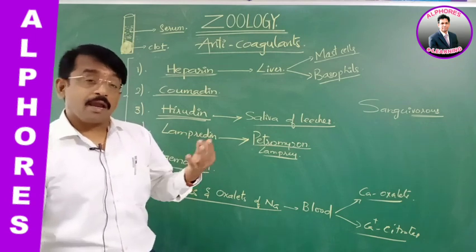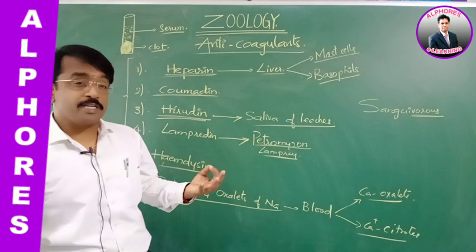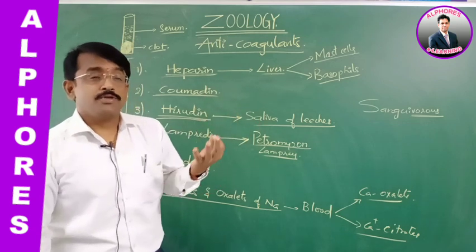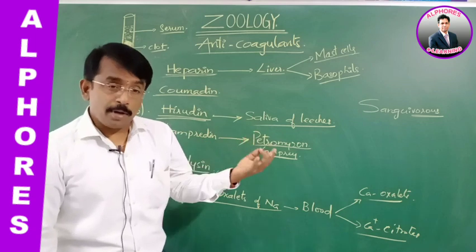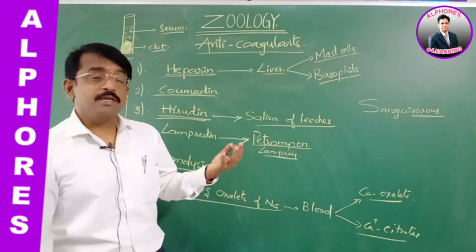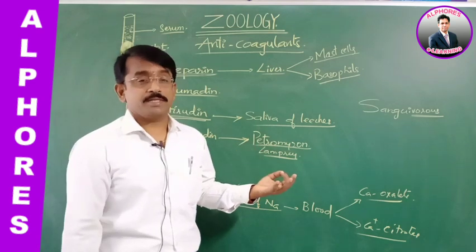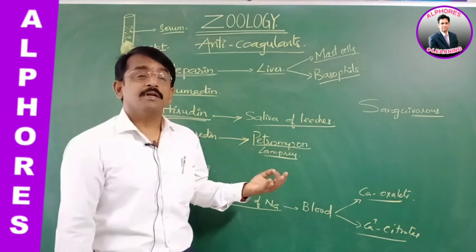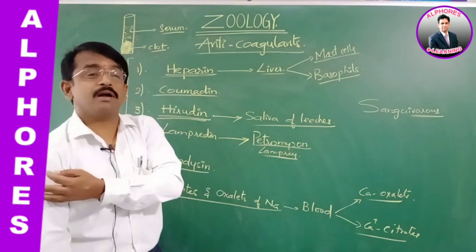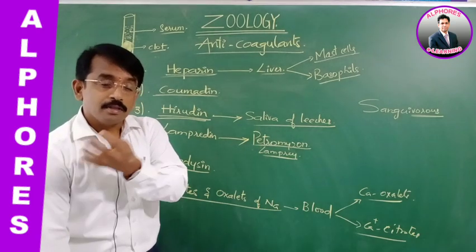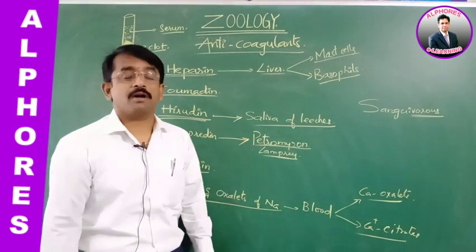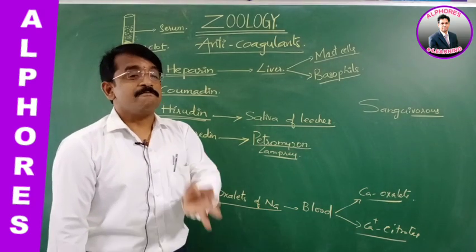The oxalates and the citrates, which are said to be the calcium removers, are used in the laboratories and blood banks. The calcium removers called citrates and oxalate remove the calcium from the blood. So blood clotting is prevented. This is how the calcium removers called citrates and oxalates are used in the blood bank for the preservation of the blood.